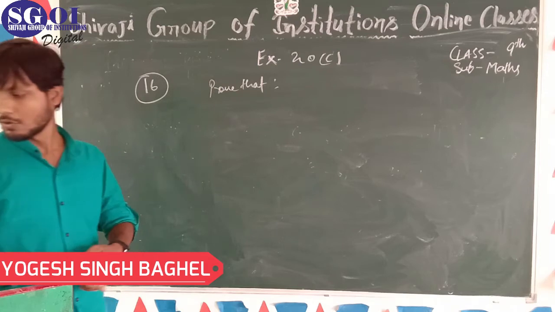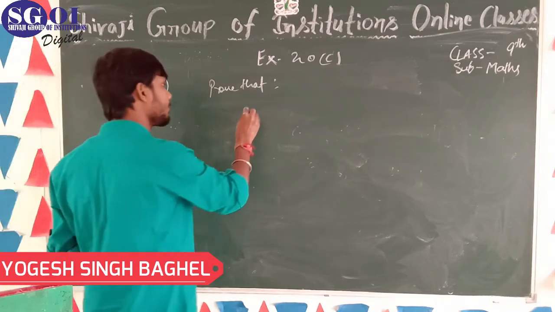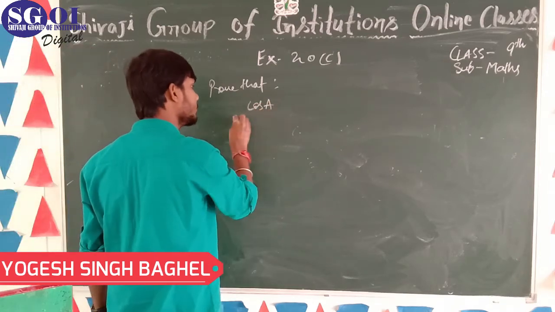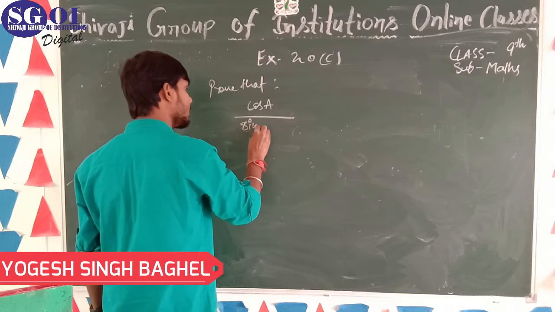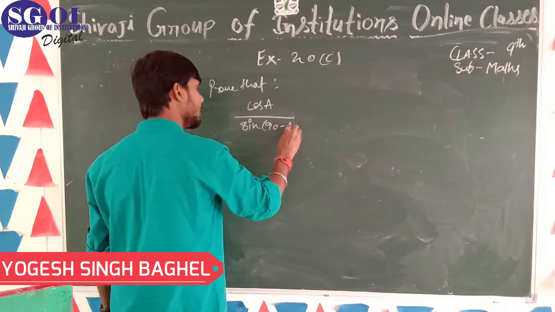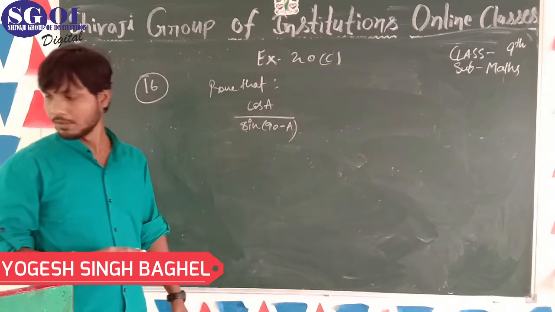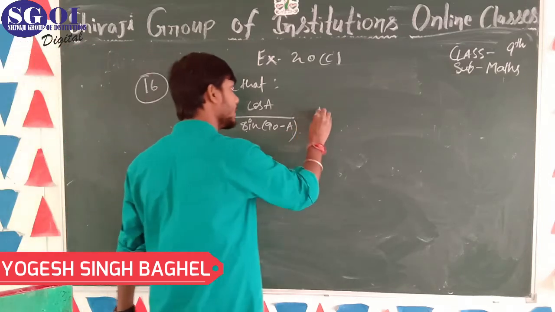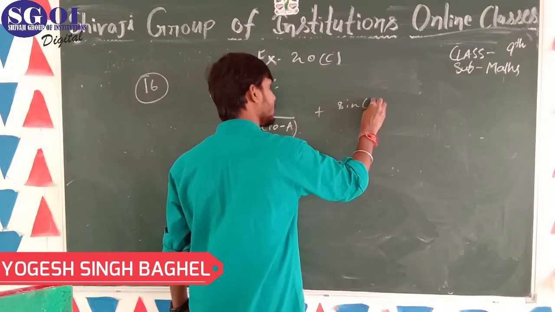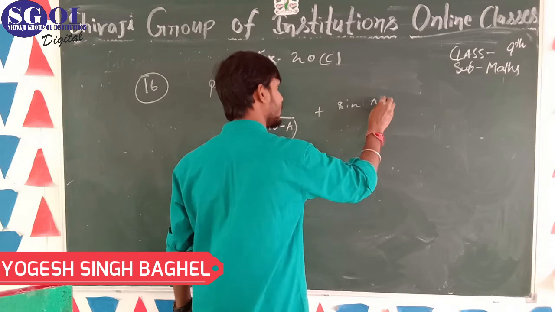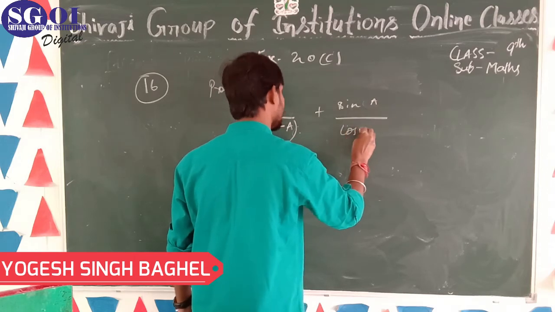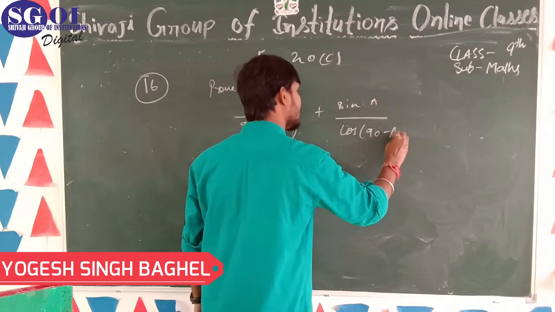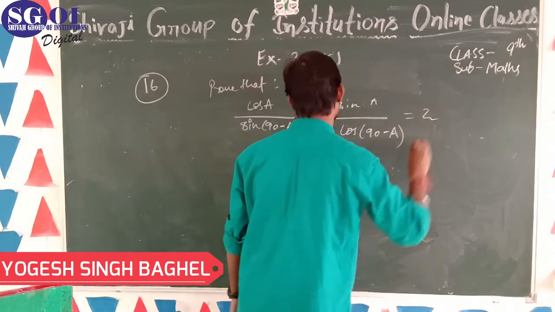cos A upon sin 90 minus A, plus sin A upon cos 90 minus A is equal to 2.